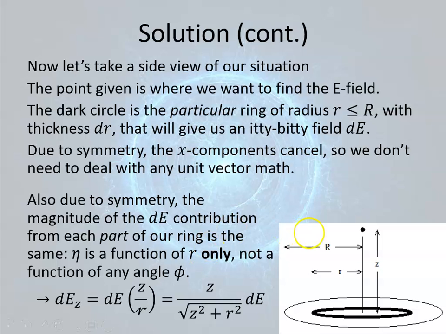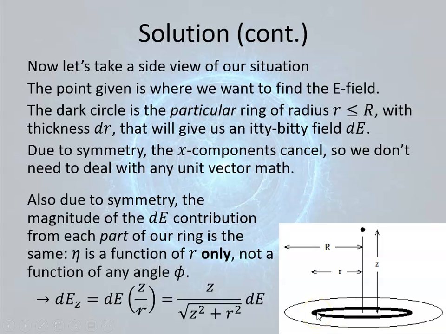However, since all of the off-axis components cancel, I can come up with a real thing, the electric field contribution in the z direction at this particular point from this particular ring. That's going to be equal to this imaginary dE thing, like if I imagined all of the charge of this ring compressed into a point somewhere on the ring.